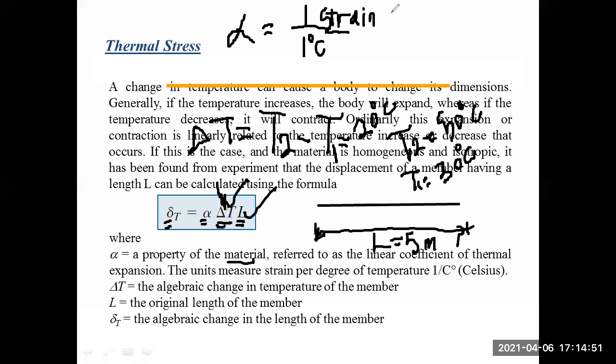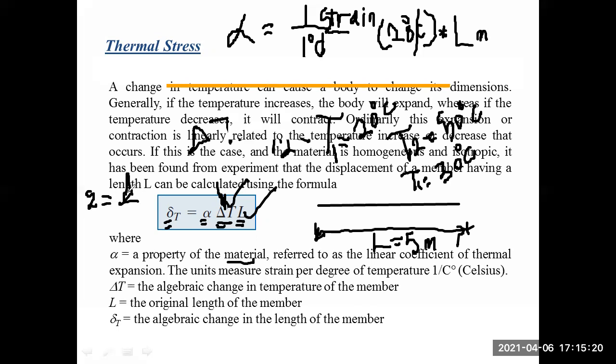So if you look at this equation, if you multiply alpha by delta T, we have 20 degrees Celsius, so the Celsius would cancel each other out, times the original length, which is in meter. What is the strain? Epsilon. Strain is change in length over length, delta L over L, right?